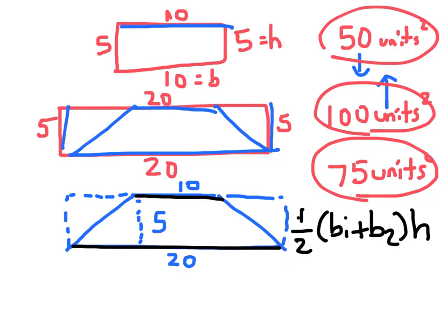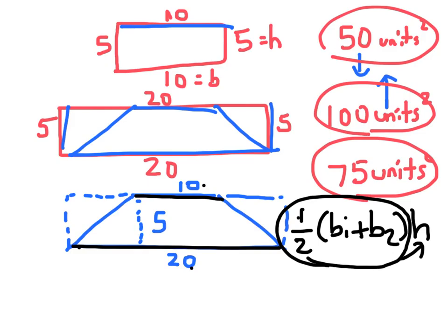They would add the 20 and the 10, and then multiplying by the half is the same as dividing by 2. So this part of our formula is really just the average of the two bases of the trapezoid, and then multiply by the height, which was 5 in all these cases. If we did that, we would get 75, right? 10 plus 20 would be 30. 30 divided by 2 is 15, and then 15 times 5 is 75.